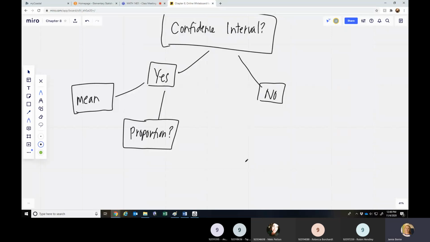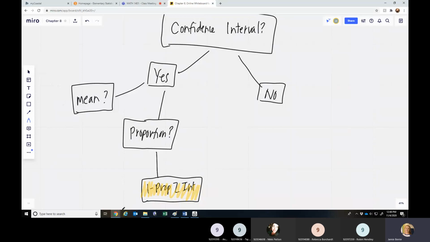So is it a mean or a proportion? If it's a proportion, there's only one option. You're going to do a one proportion z interval. I think it's just 1-PropZInt, the function on our TI-84 calculators. That's the function that you'll use in your calculator. That's the end of that line.